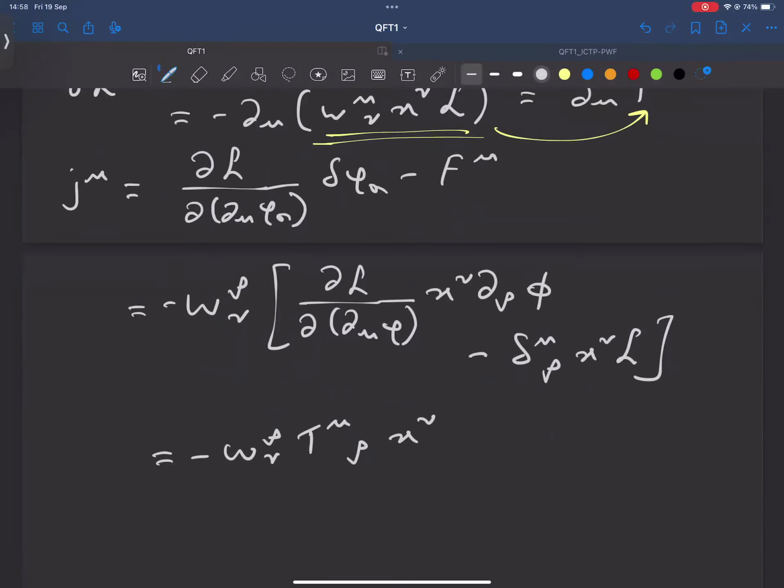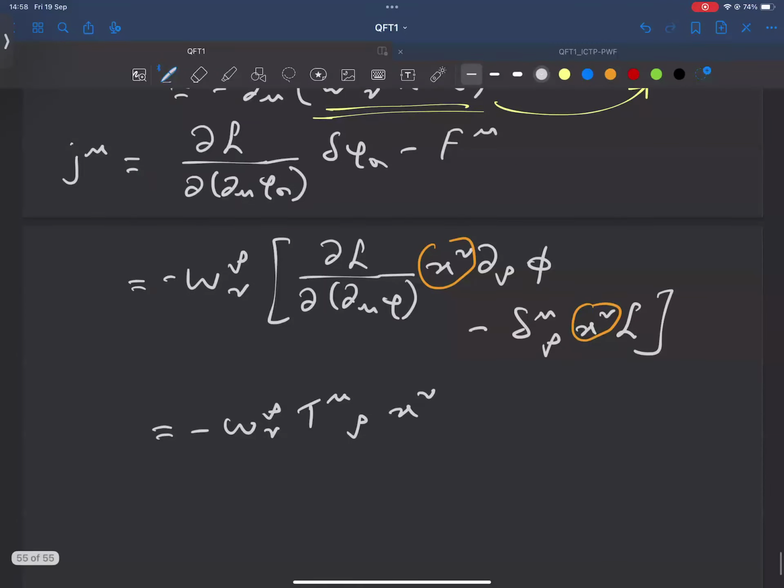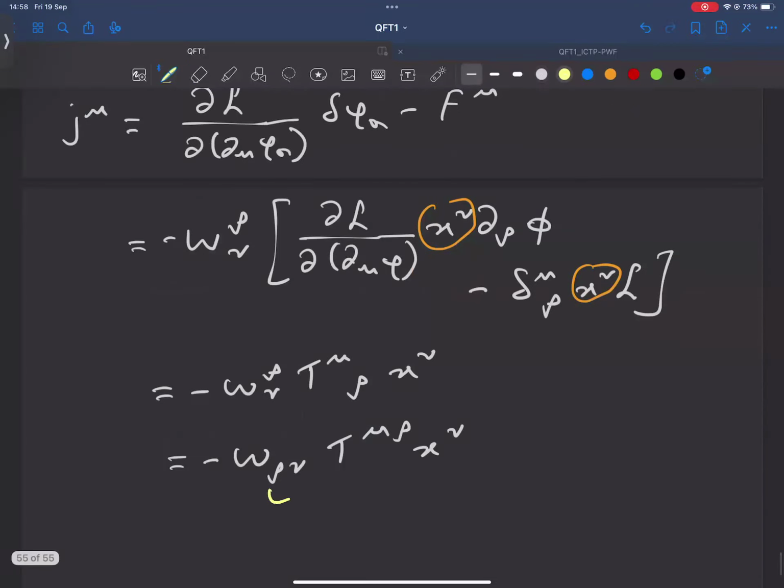This part, if you ignore the x nu, the remaining part is just the stress tensor, as we know. And if you want to write this a bit better, we can lower the indices and raise certain things. So we get something like this. Okay. And recall that this is antisymmetric because this is an infinitesimal Lorentz transformation.